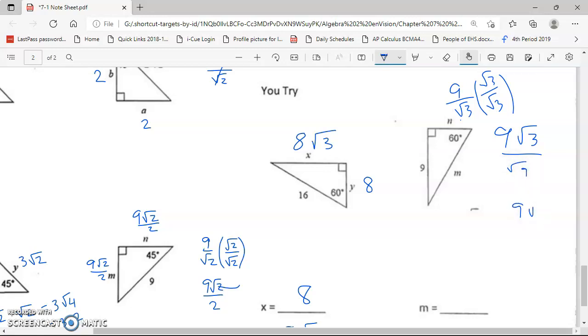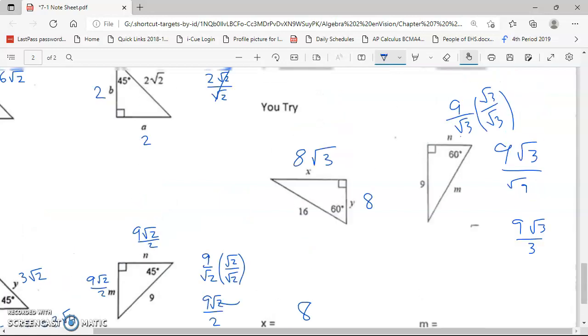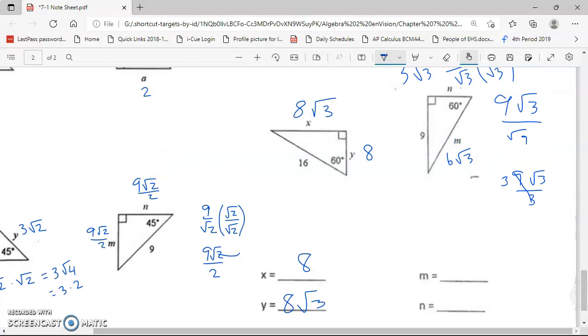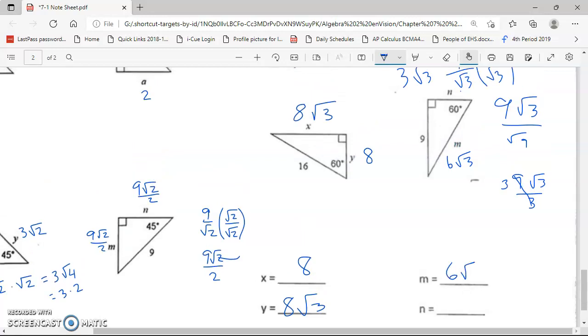So it's going to be 9 root 3 divided by 3. That means my short leg, if I reduce this, is going to be 3 root 3. And then my hypotenuse is going to be double that, so my hypotenuse would be 6 root 3. So that means m is 6 root 3, and n is 3 root 3.